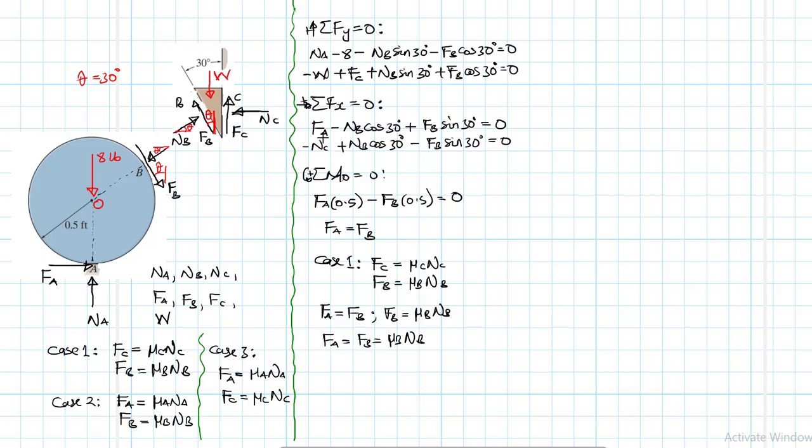And then we have this equation under summation of forces in the X, which is this one here. If I was to bring this equation down quickly, there we go.